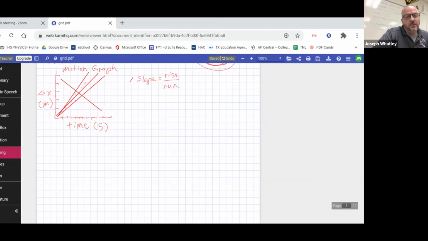You're finding new points along the line that the line actually hits, okay? Forget the original data points. Never, ever use them. Rise over run, rise is the change in X over the change in Y. That triangle looking thing means change, delta. So the change in X over the change in Y, remember the units of X is meters, and the units of Y is seconds. That's meters per second, which is velocity.